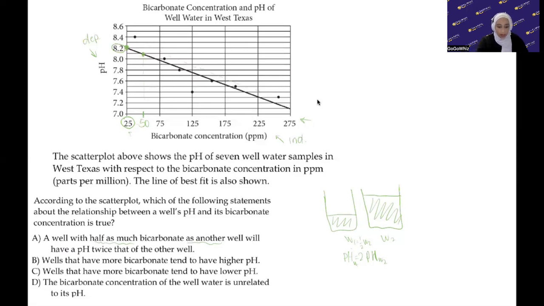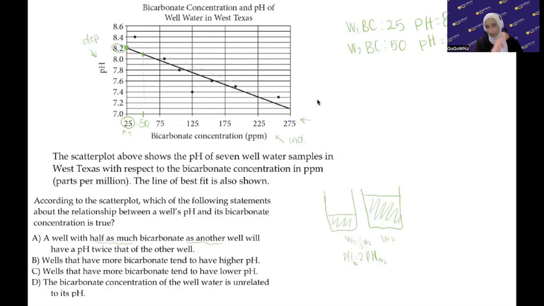Well 1 has a bicarbonate concentration of 25, and its pH is 8.2. Well 2 has a bicarbonate concentration of 50, and its pH looks like it's around 8.1.